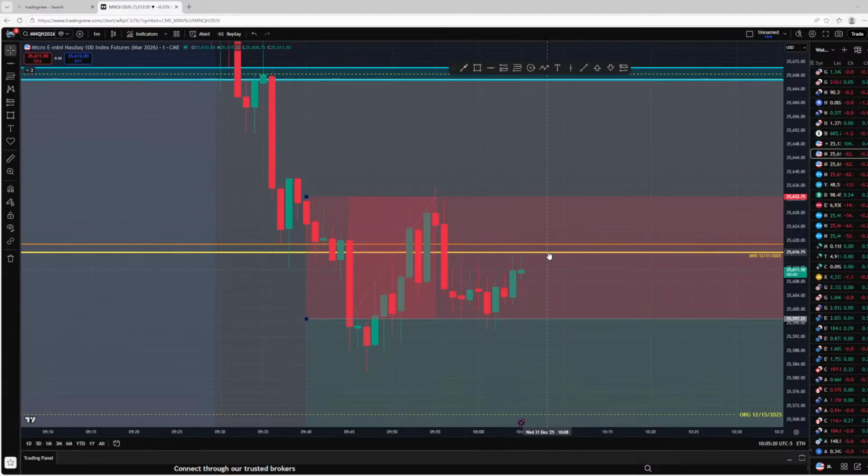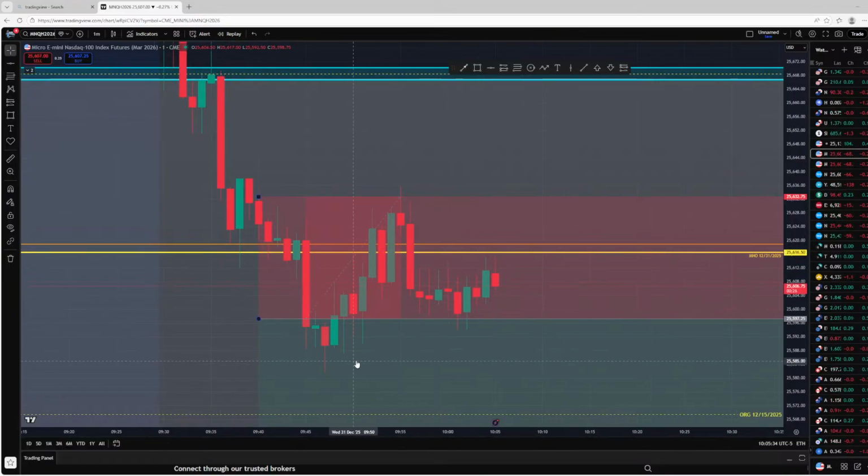Don't like the way it's going back up. I feel like even if we're wrong on this trade, we should at least be able to sweep this little swing low right here.